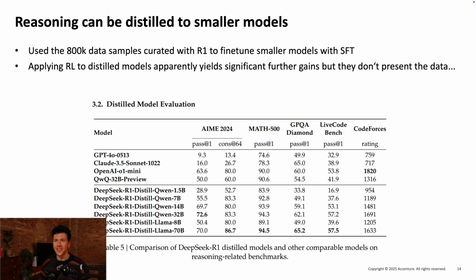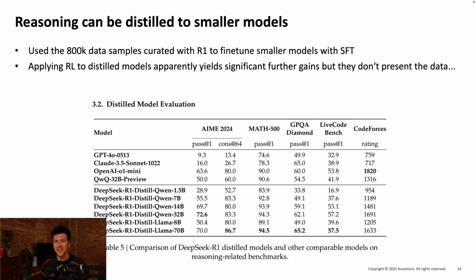In fact, they can. They used Qwen, from Alibaba, and Llama from Meta, and distilled the knowledge they gathered with R1. They used 800,000 data samples they curated with R1 to fine-tune these models using supervised fine-tuning.